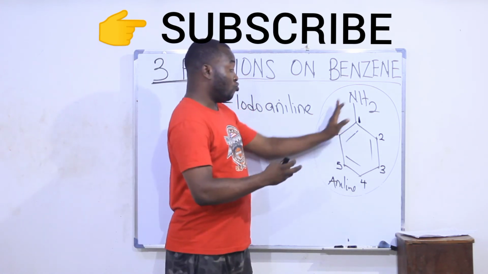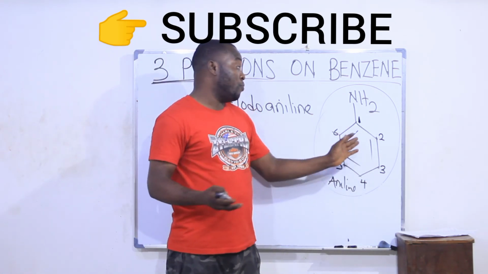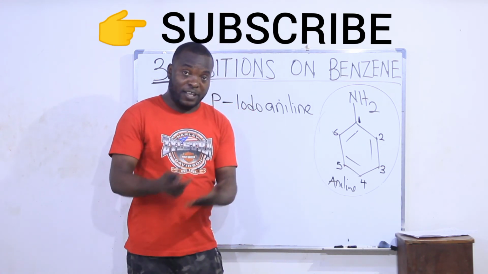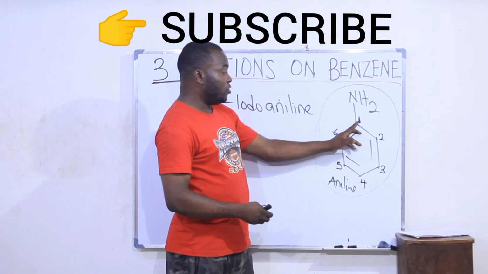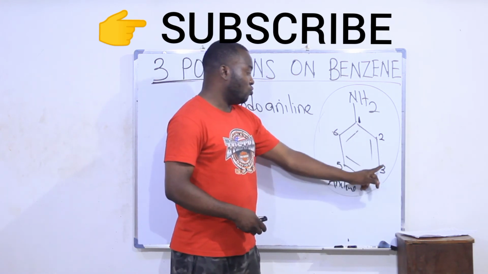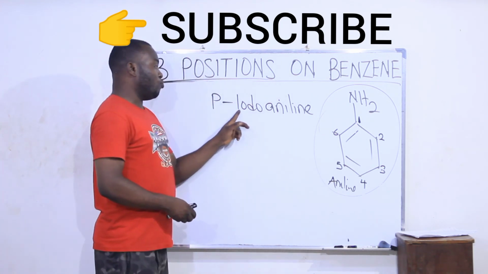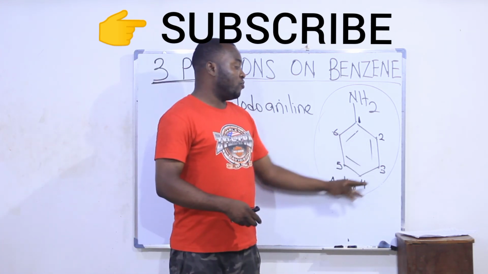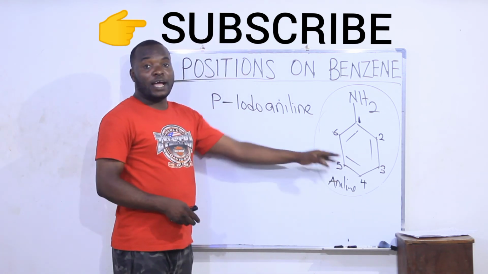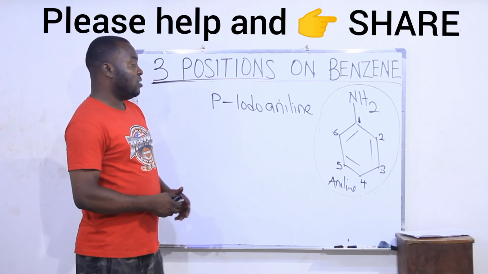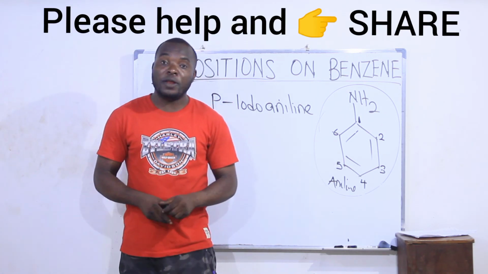For those who may not be able to draw this with your system, or who will not be able to snap and send into the comment box, use the positions I have given here. Tell me, at which position, 1, 2, 3, 4, 5, 6, am I going to put my iodine? I have p-iodoaniline. In which of these positions am I going to attach my iodine to make it p-iodoaniline? So give me your answer into the comment box.